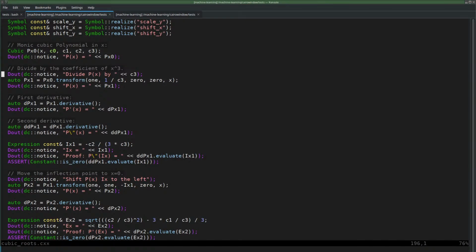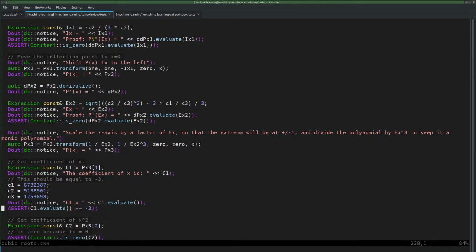Divide everything by C3, transform. Shift the inflection point to 0, transform. And scale the x-axis to get the extreme at plus or minus 1. That's another transform. And the rest is just some testing.